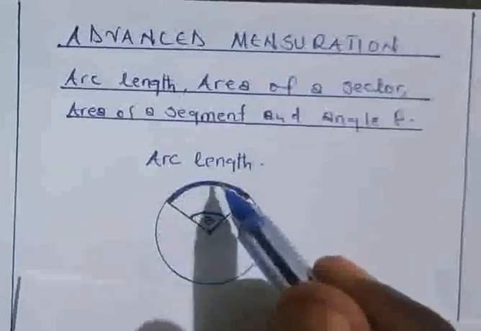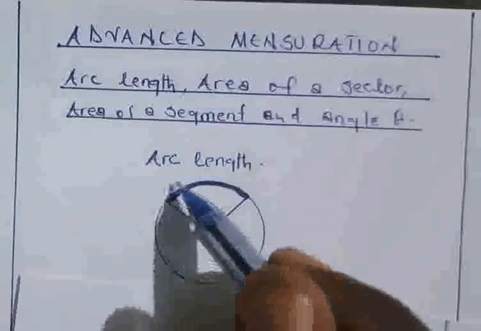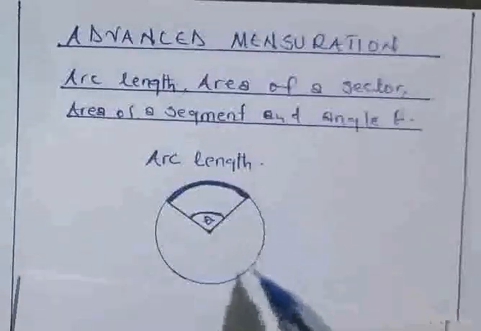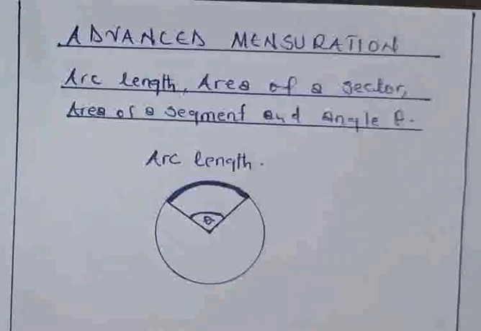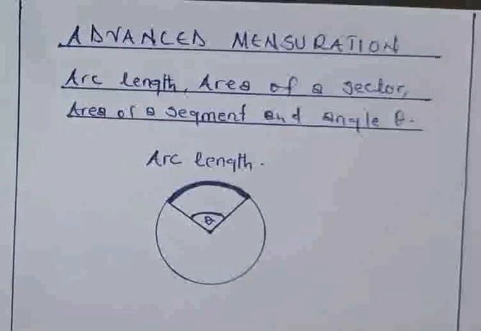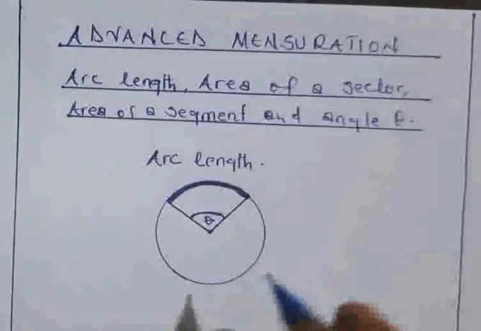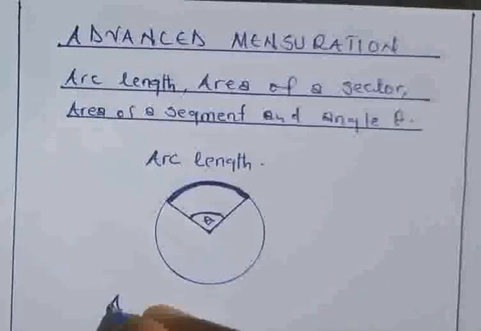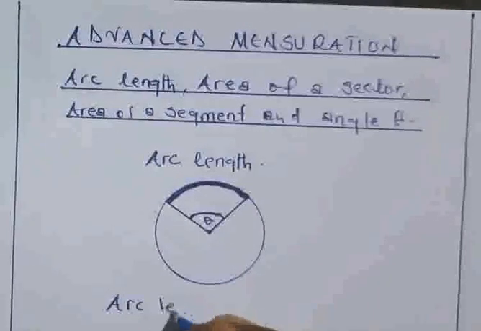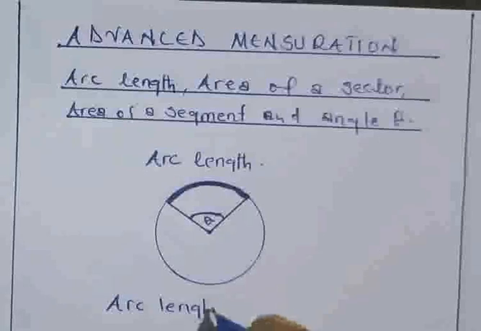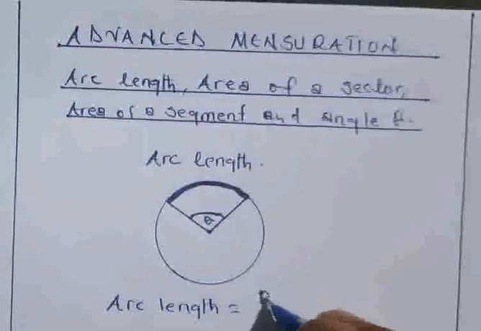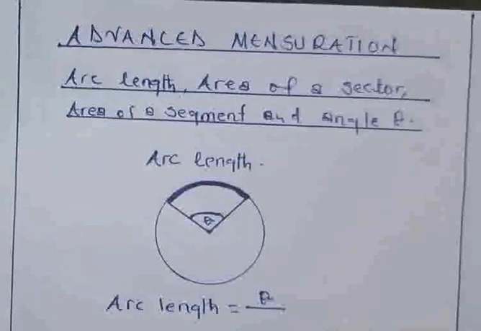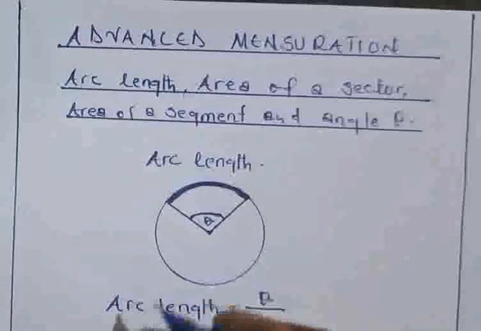Of the whole again of the dimension, which is called the circumference of the circle. So from this explanation so far, we can see that the arc length is equal to this theta over the whole.